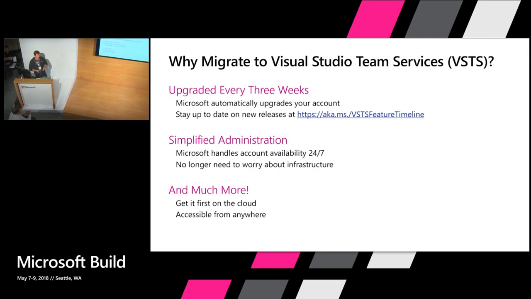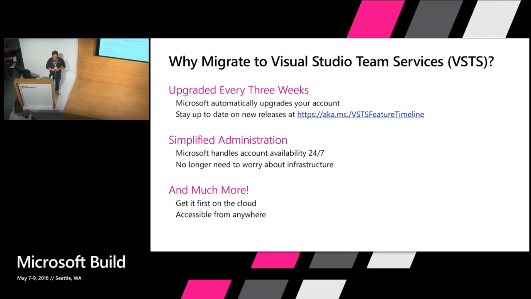So the first thing you need to kind of answer and get on board with all your stakeholders in your leadership team is, why do we want to migrate to VSTS? I'll give you 2 reasons. Number 1, you're getting the latest and greatest features every 3 weeks on VSTS. All right, the new Kanban board features, the new release features, you're getting it first, you get it right away. If you're on-prem, you're going to have to wait 3 to 6 months to get those features. And on top of that, you have to go and install that new version of TFS.